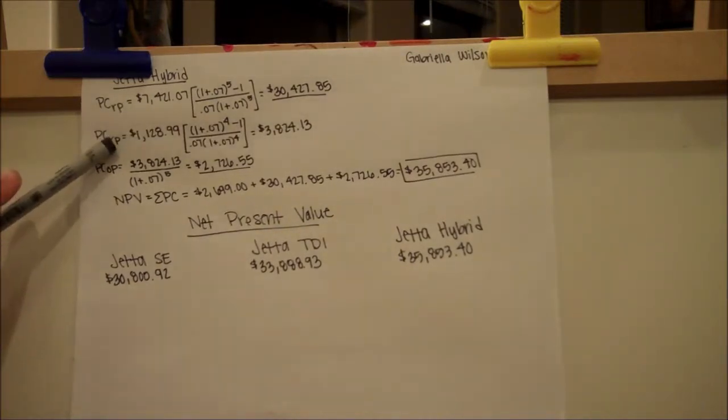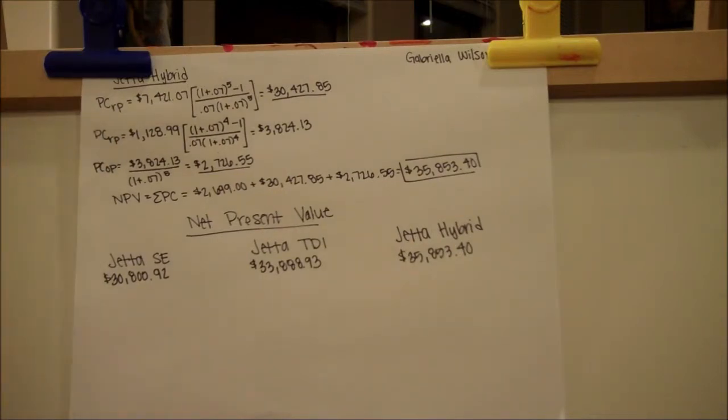Next, we will do the present cost of the recurring payment for years 6 through 10 and bring that back to the 5th year. So that value is $1,128.99 multiplied by (1 + 0.07)^4 minus 1 divided by 0.07 multiplied by (1 + 0.07)^4, and that number equals $3,824.13.